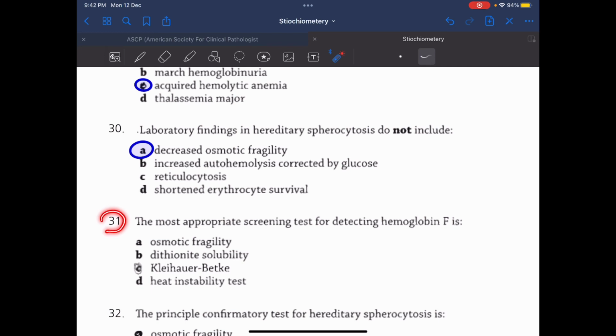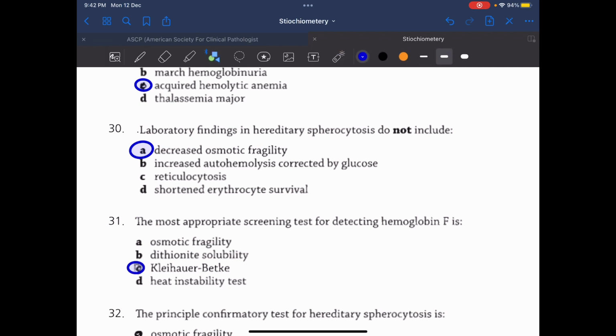Question 31. The most appropriate screening test for detecting hemoglobin F is osmotic fragility, dithionite solubility, Kleihauer test, or heat instability test. For detecting hemoglobin F, we are doing Kleihauer test.